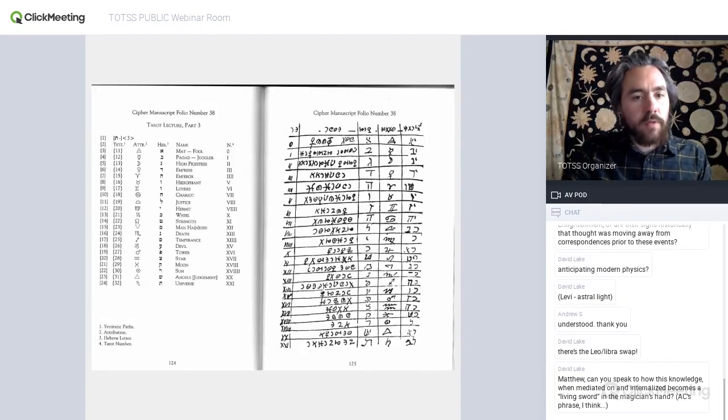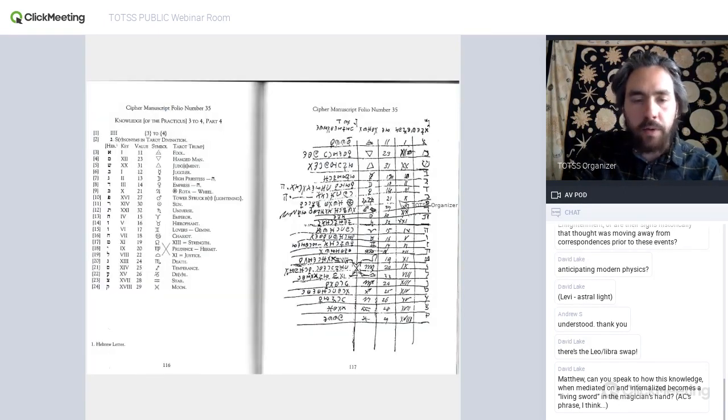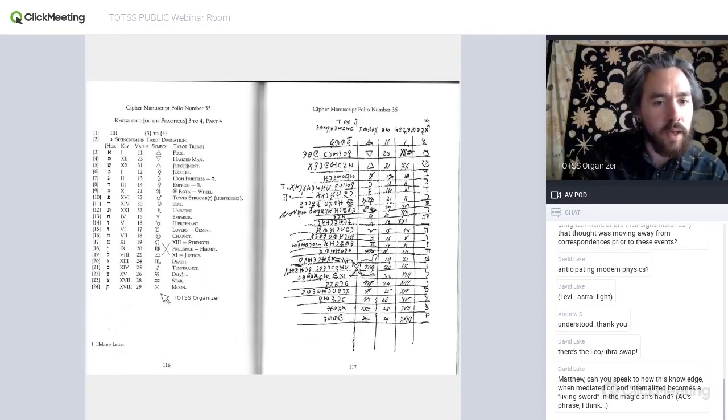Okay, so if we look at our attributions here, or actually I'm going to go back to this one where they're arranged by their categories, you'll see that the very first of the double letters, that's He here, is attributed to Atu 4, the Emperor, and to Aries, and that the second to last here, Zadi, is attributed to Atu 17, the Star, and Aquarius. So where this switch happens between the two tarot trumps is around Virgo.